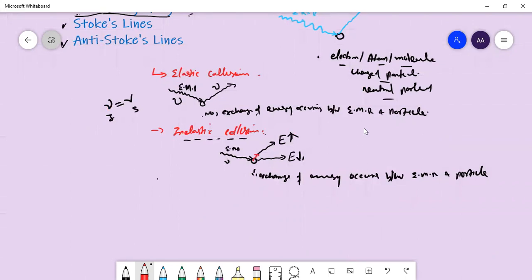So based on these two phenomena, elastic collision and inelastic collision, we can get different kinds of other phenomena also. The first kind of phenomenon is usually known as Rayleigh scattering, which is a very important phenomenon in Raman spectroscopy.